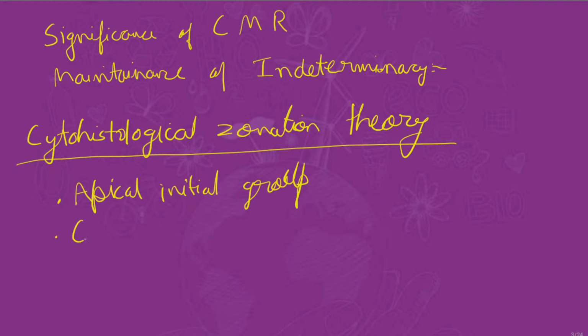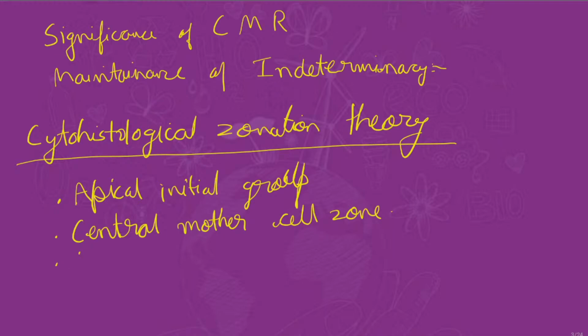And second is the central mother cell zone. This zone lies below the apical initial group and is derived from it. The distal group of cells is lightly stained, vacuolated and shows slow activity. The primary walls of the central mother cells are thick-walled and pitted.